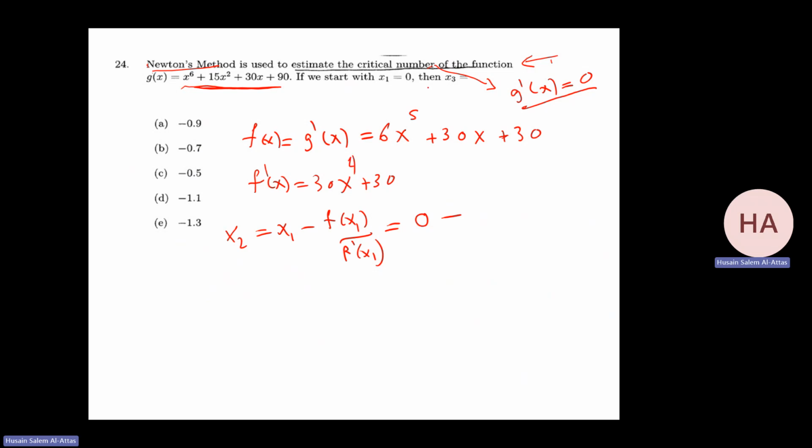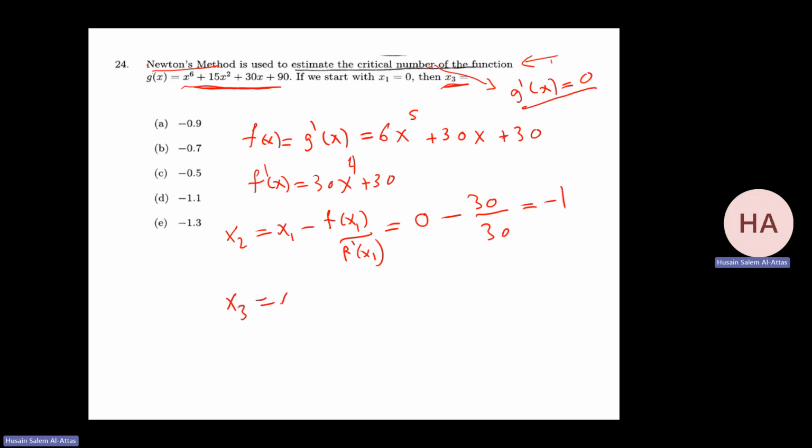He wants x3, not x1, sorry. So this will be 0 minus 0, minus 30 over 30. So that will be minus 1. So x2 equals minus 1.